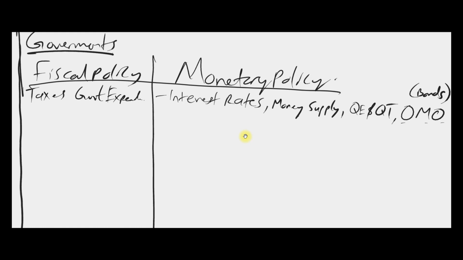Now let's go to how this relates to the forex market, because we are trading currencies.